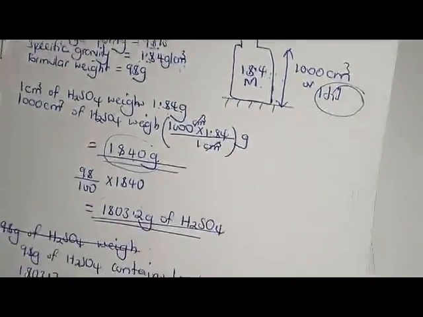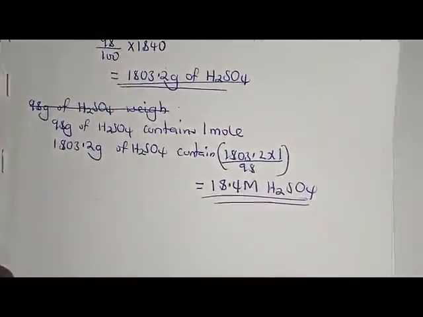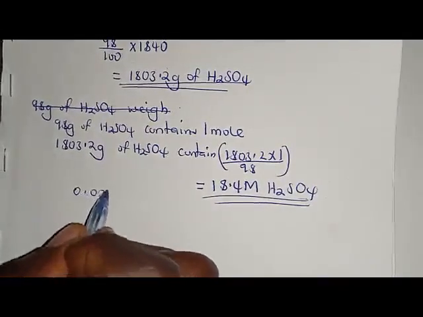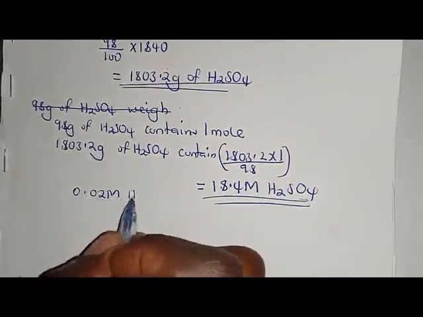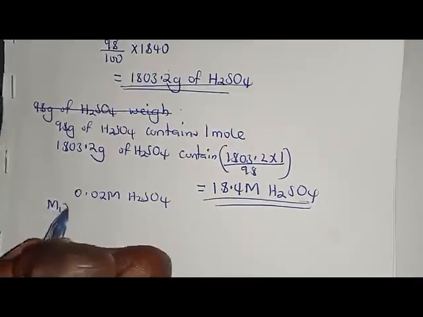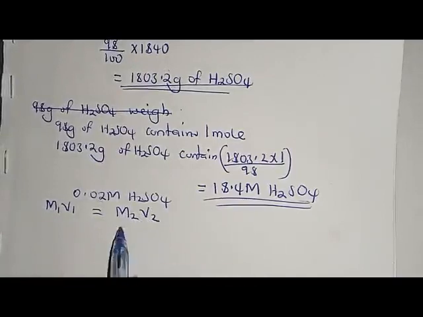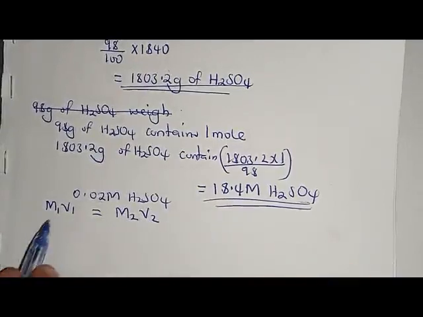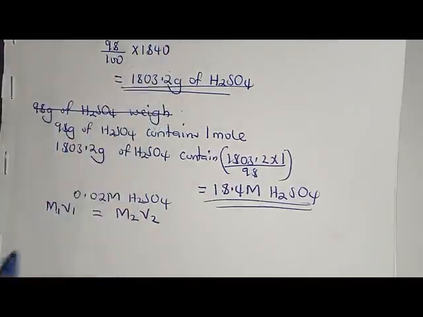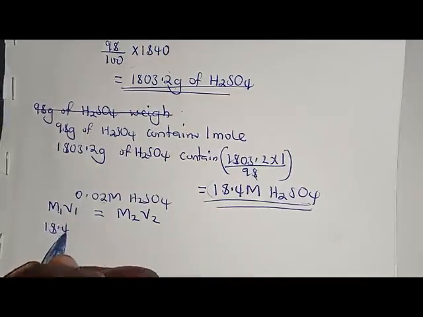So we can pick any volume to prepare any solution we are interested in. For example, if you want to prepare 0.02 molar sulfuric acid, you're going to use this formula, that is M1 V1 equals M2 V2. Now M1 stands for the molarity of the concentrated bottle, which we have established here, that is the 18.4.